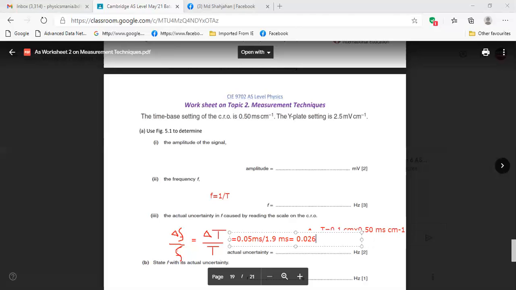Or exactly 0.03? Yes, sir. 0.026. It's coming 0.026.